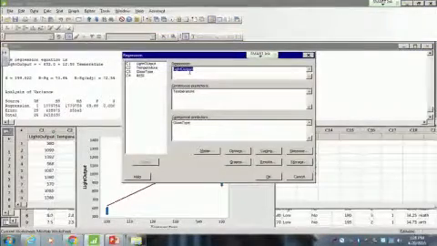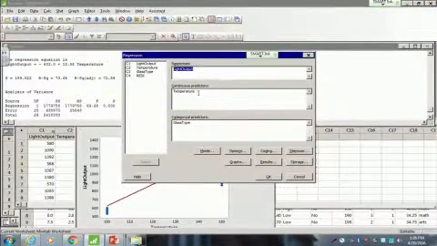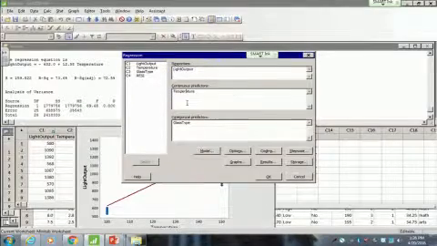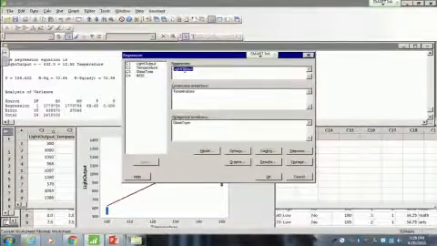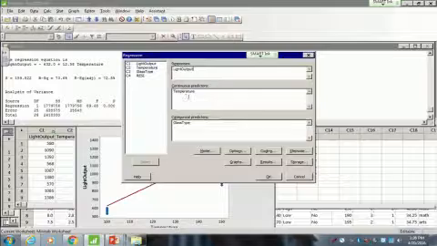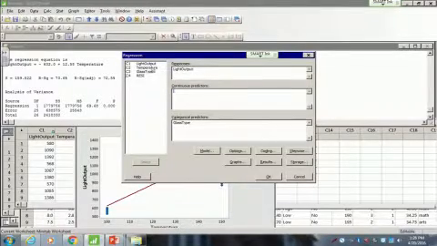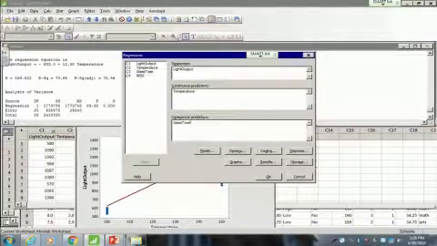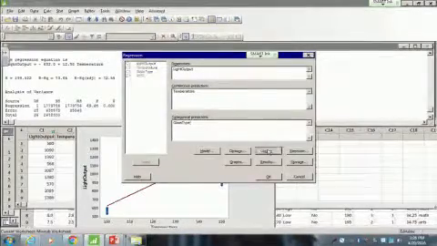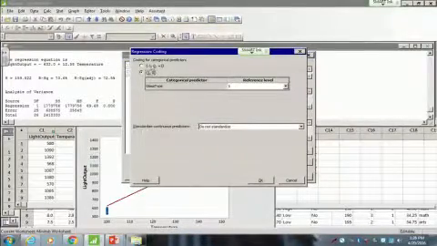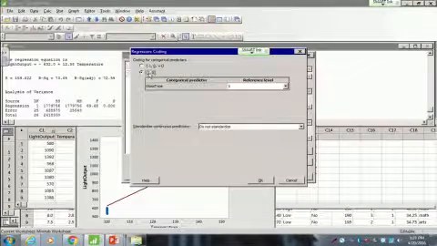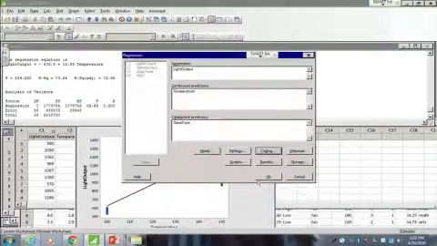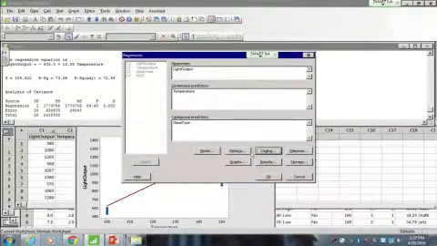This is our response. And we have one continuous predictor, which is temperature. Then one categorical, I input glass type. For coding, I want to use dummy variables, 1s and 0s, which we know how to analyze.